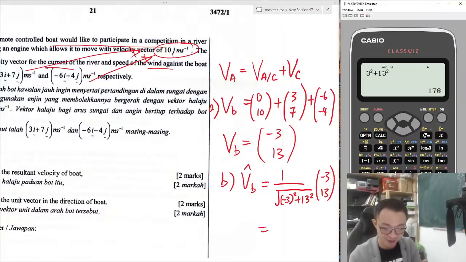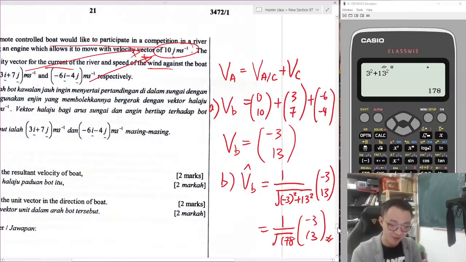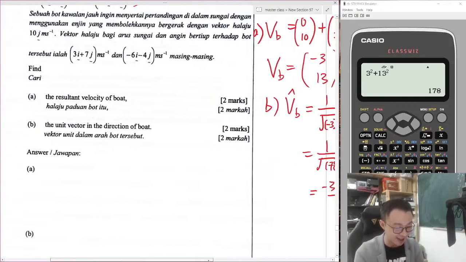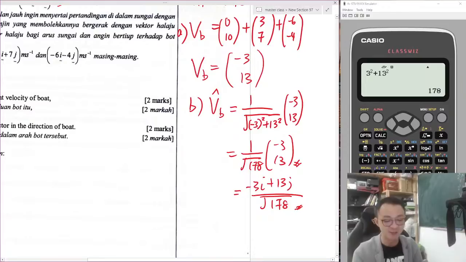Yeah, it's 13, right? So it's 1 over square root 178. This will be my vector. But if you prefer to leave the answer in i and j form, you need to do something like this. I think both should be fine. Does the question say leave your answer in i and j form? No, right? Then I think both answers should be fine here.